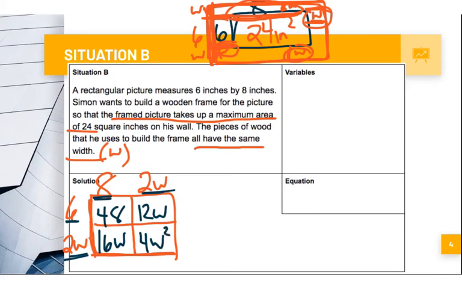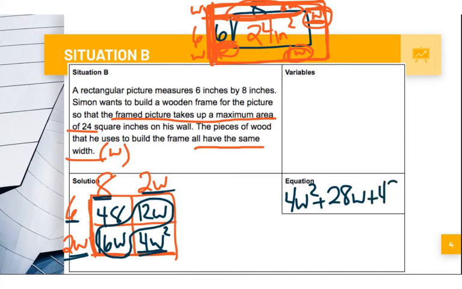I'm going to write this in standard form, meaning my W squared is first: 4W squared. Then 16W plus 12W is 28W, and then I have 48. And that is equal to 24. Remember, 24 is the size of that entire frame, the entire thing that we're looking at.